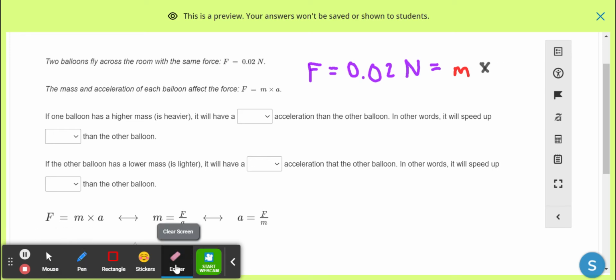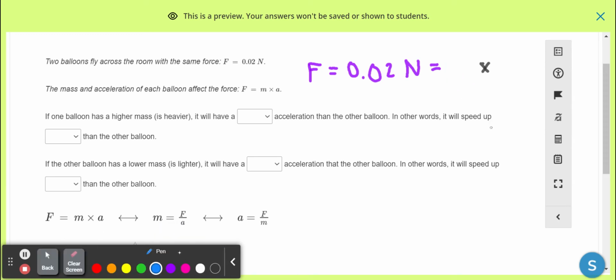I think I did mass in blue. There we go. Mass times acceleration. Something like that.